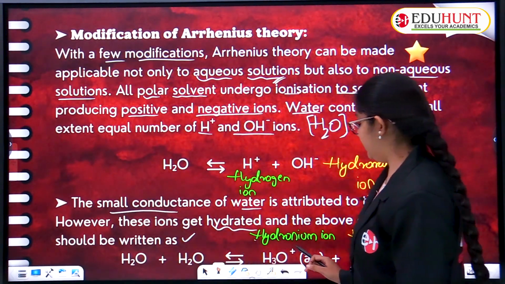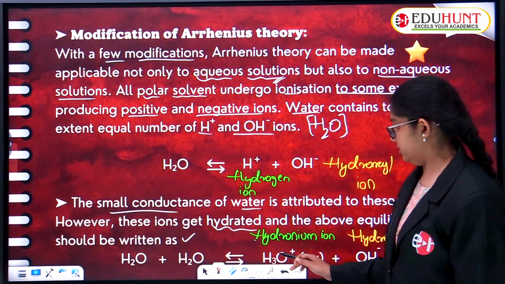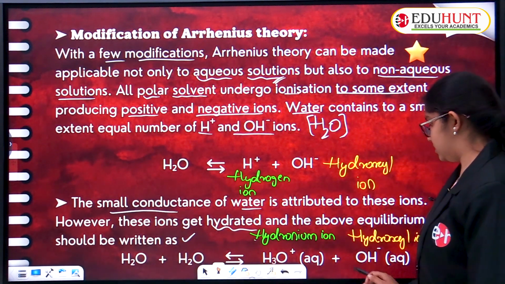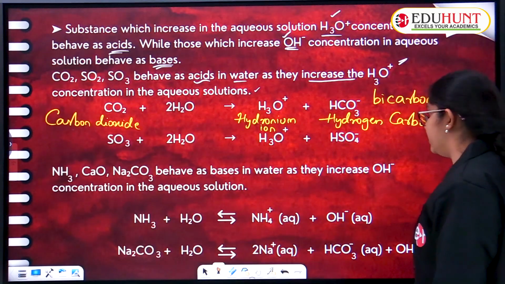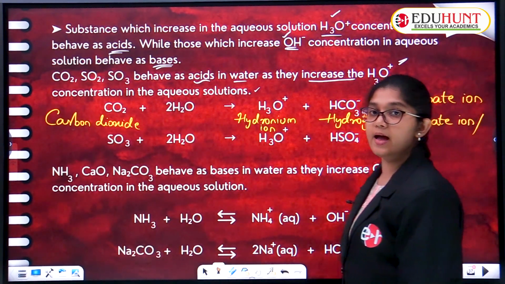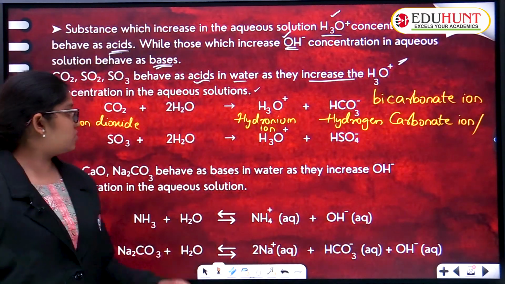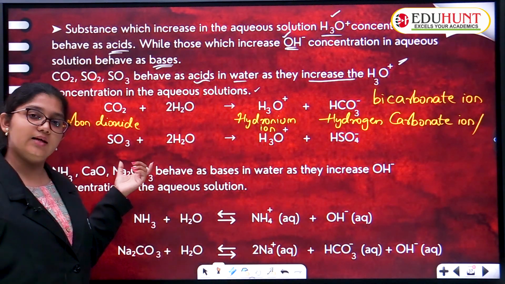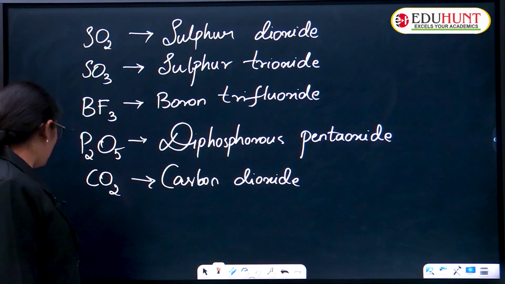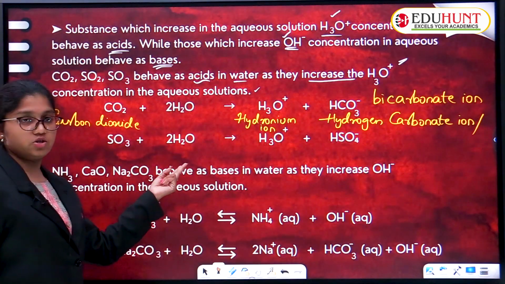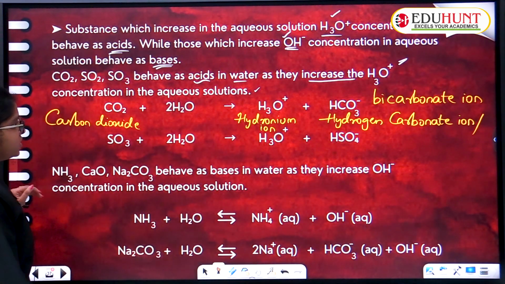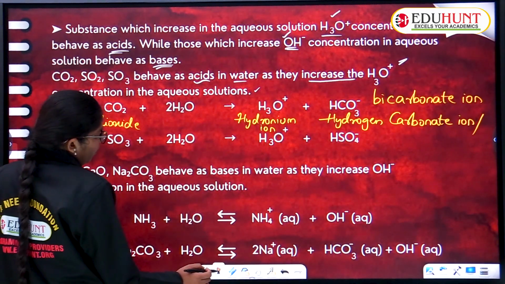If it liberates more H3O plus, it is an acid, and if it liberates OH minus, it is a base. That gives clarity regarding the modification of acid and base. Now CO2 and SO3 are definitely acids. Not only these, others are also definitely acids, because upon reacting with two molecules of water, they give H3O plus ions. And here SO3 is named as, what is SO3?